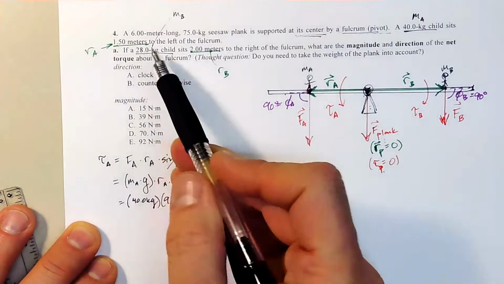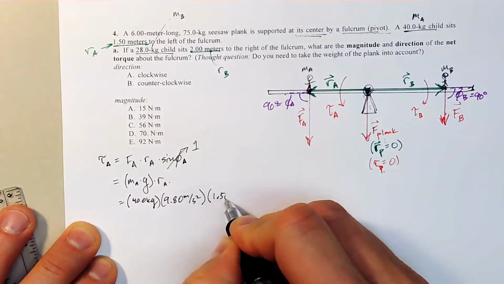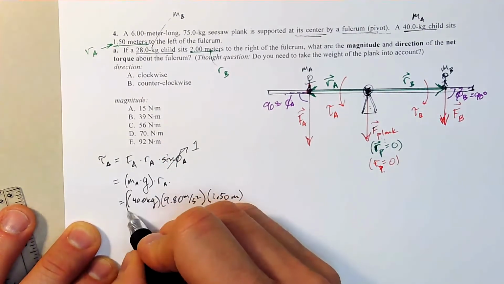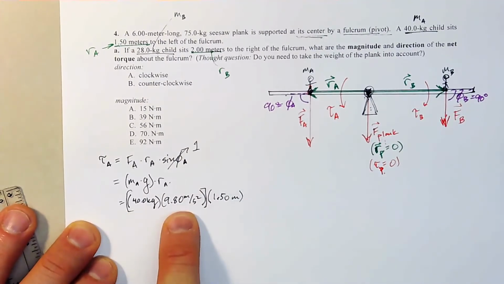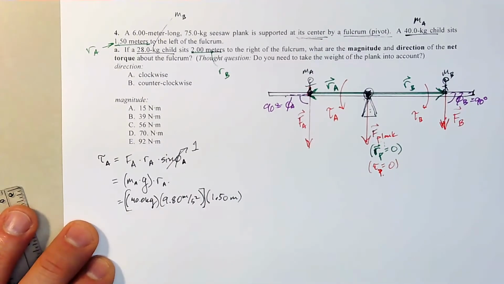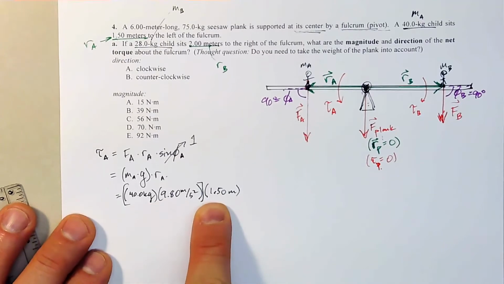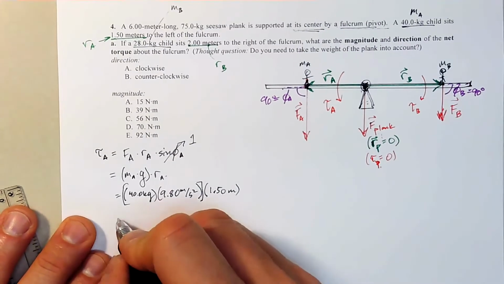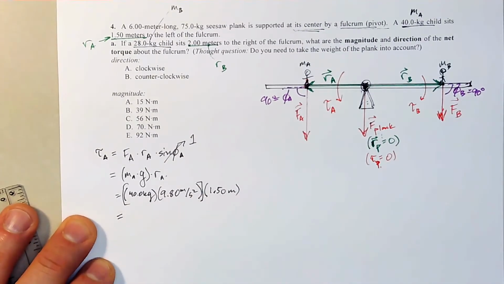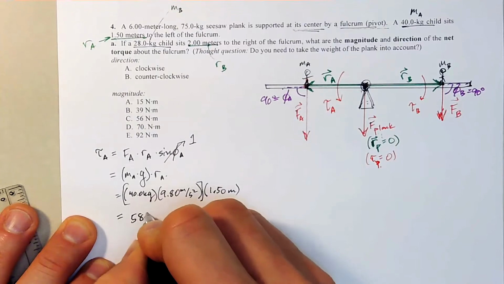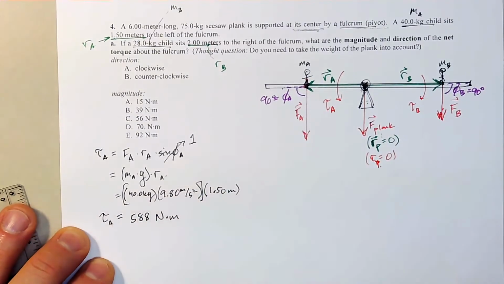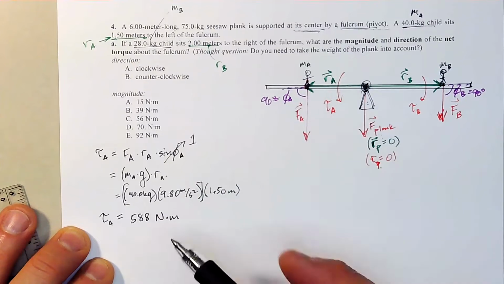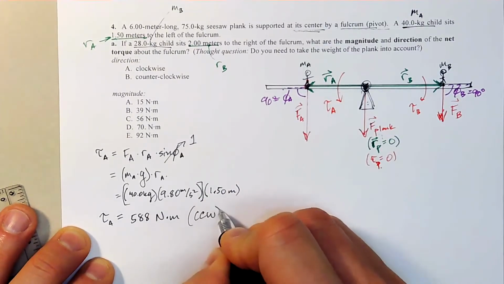And now plugging in the values from up above. Okay, so the weight of child A is going to be 40 times 9.8. So that'll be almost 400 newtons times 1.5 meters. And that turns out to be 588 Newton meters. And just for bookkeeping purposes, I'm going to also make a note here that this is counterclockwise.